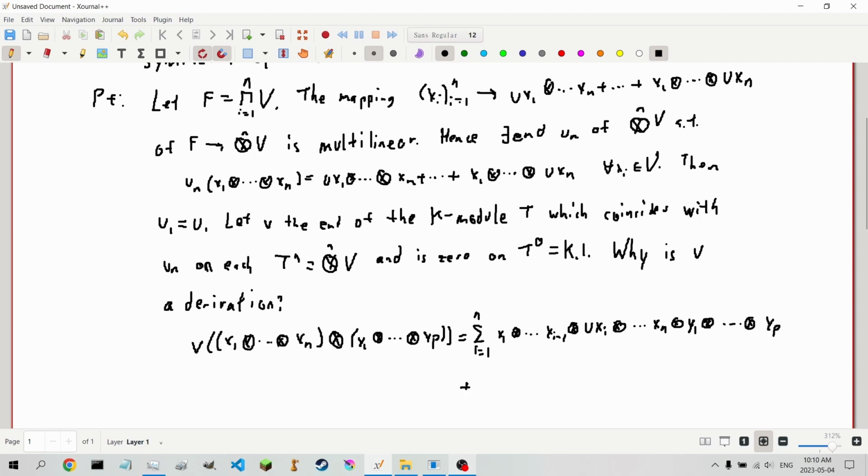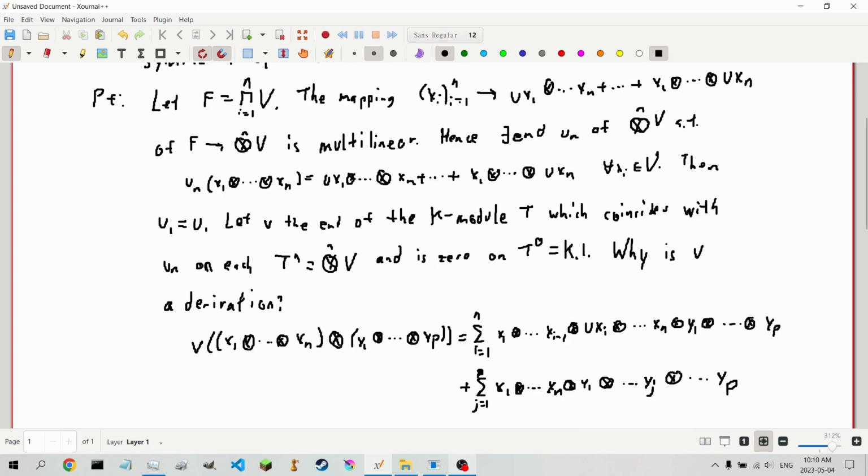And then we also get how this acts on the elements on the other side of the tensor, which is going to look much the same: tensor through xn, tensor y1, tensor through yj. I guess we should call this j, not that it'll matter. And keep tensoring up until yp.